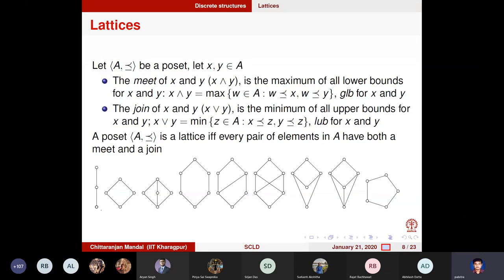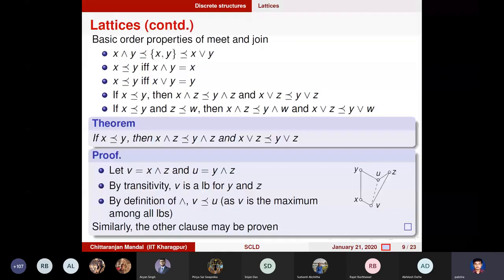Okay, so now if we look at this meet and join, I don't know if I have time today or not. If we look at meet and join as binary operators, there are some properties that they satisfy. I'll just talk about one property; maybe other properties I'll talk about in the next class.